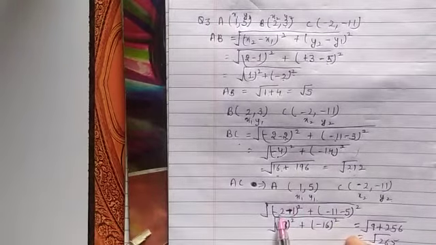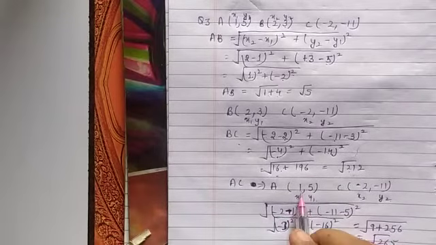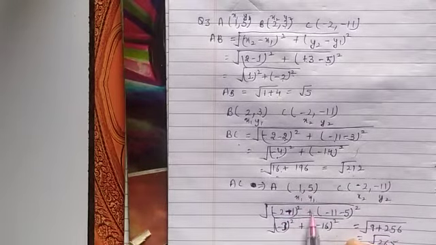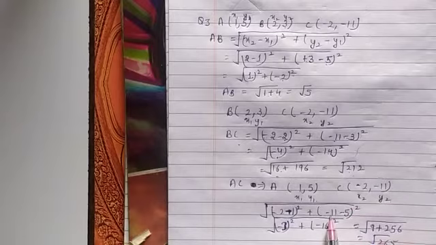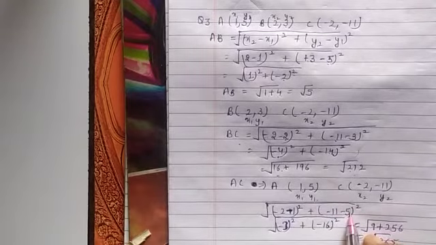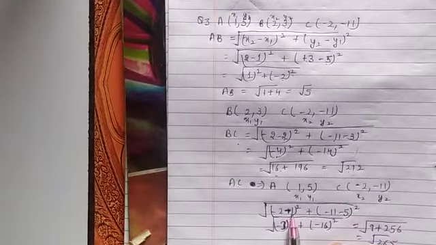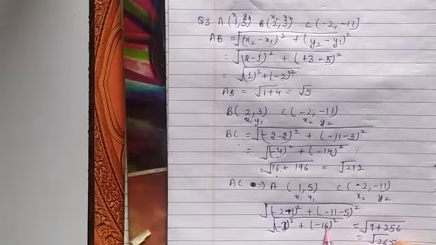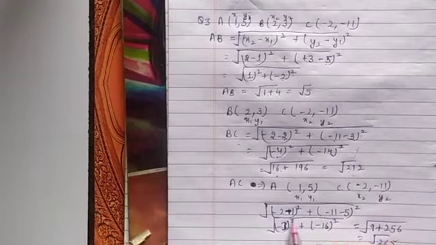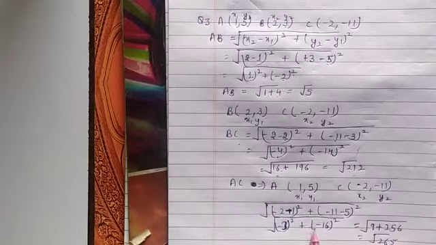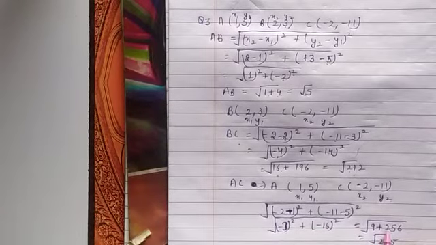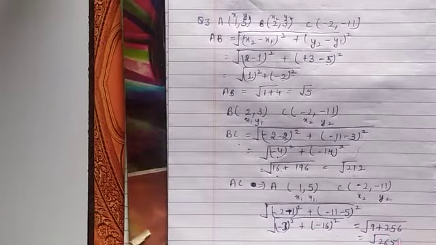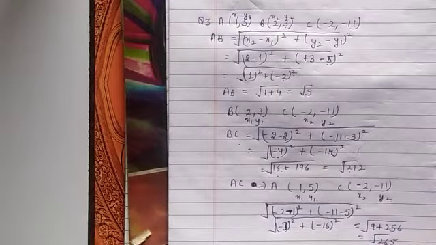So x2 is -2 minus x1 is 1 whole square plus y2 is -11 minus y1 that is 5 whole square. -2 minus 1 is equal to -3 and then whole square, plus -11 minus 5 is equal to -16 and then whole square under root. -3 square is 9 and -16 square is 256, then under root. When we add this, we get the answer root 265.